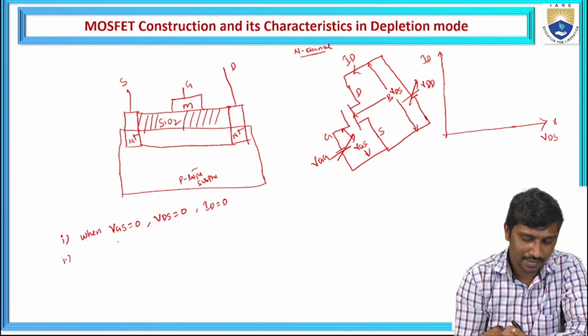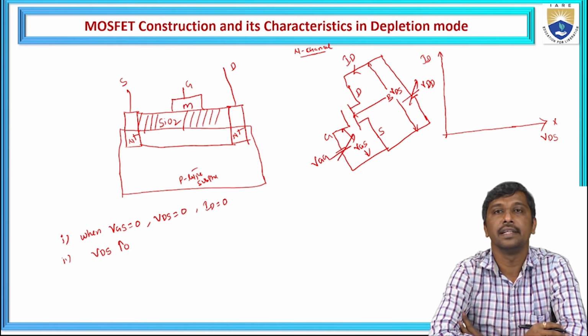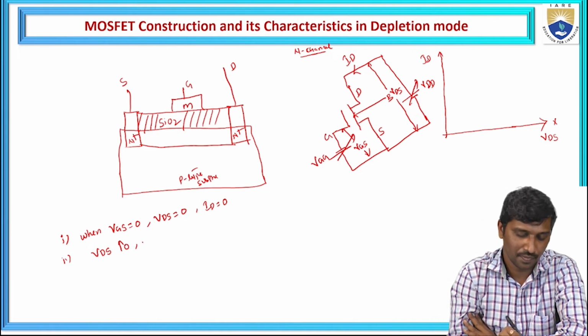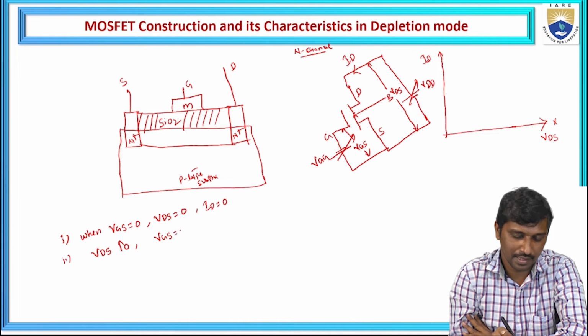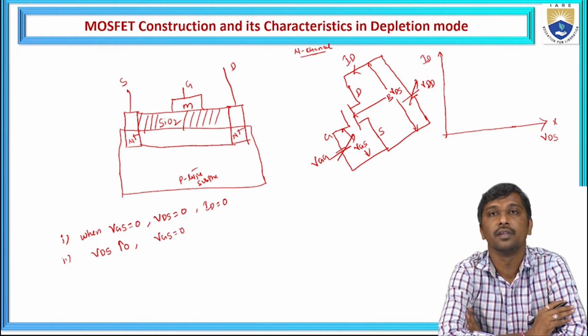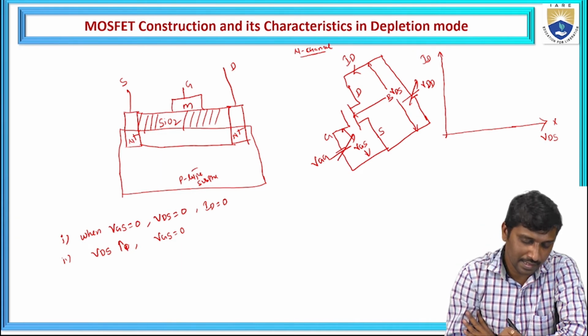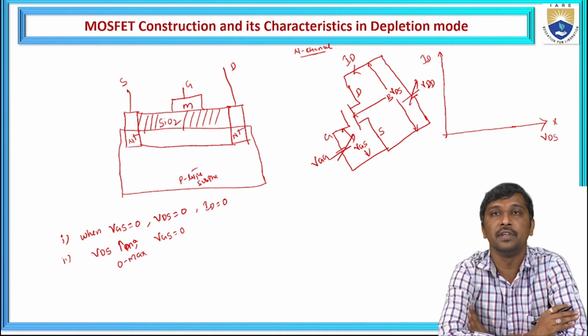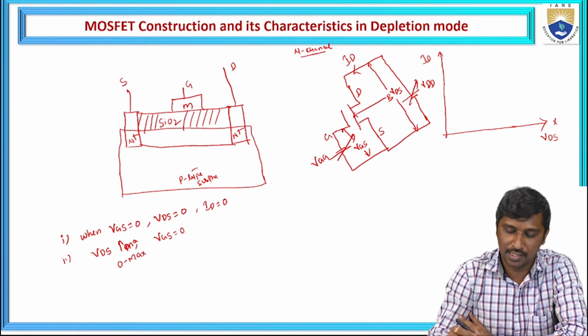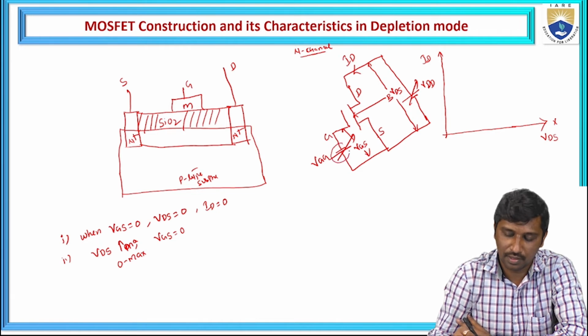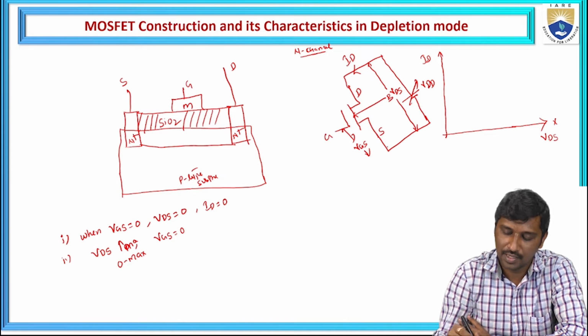In the second case, VDS is increased from 0 to maximum, but VGS is 0. When VGS is 0, VGG is replaced with a short circuit.